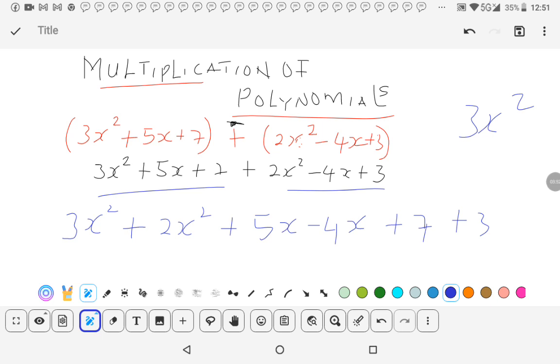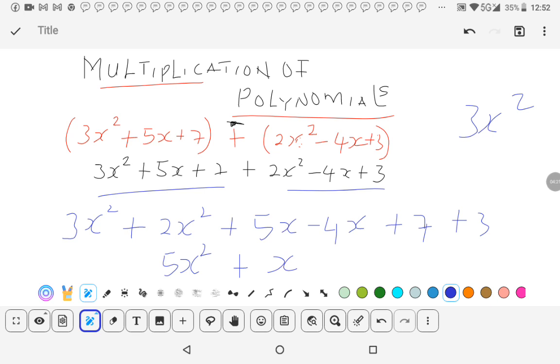So the next thing you have to do now is to add them. We have 3x squared plus 2x squared. If you add them up, you get 5x squared. Then we also have 5x minus 4x. If you add them, we are going to have 1x, which will be x, because it's the same thing as 1x.